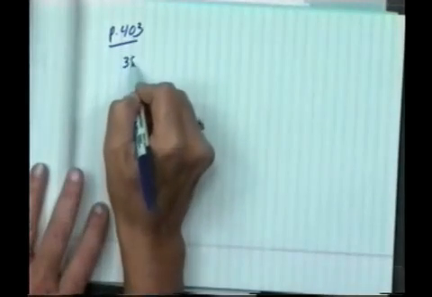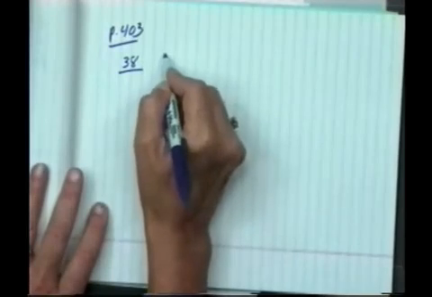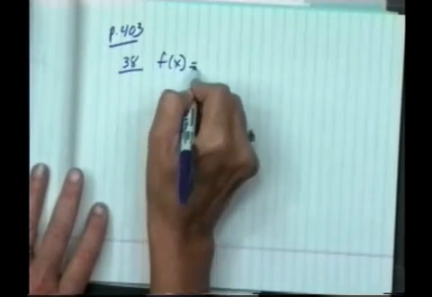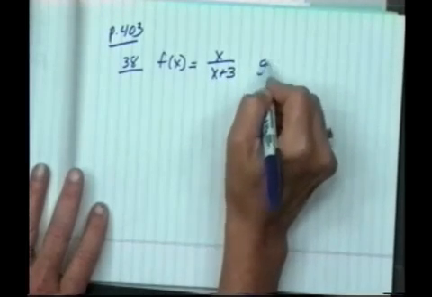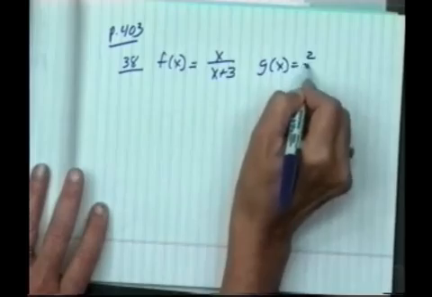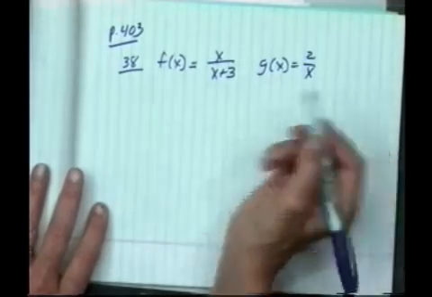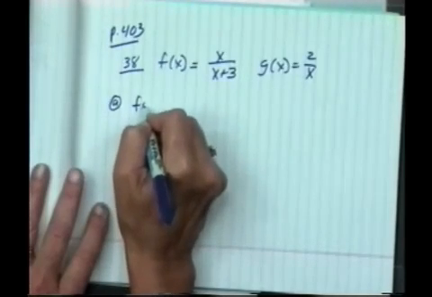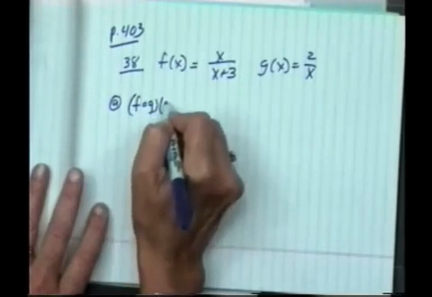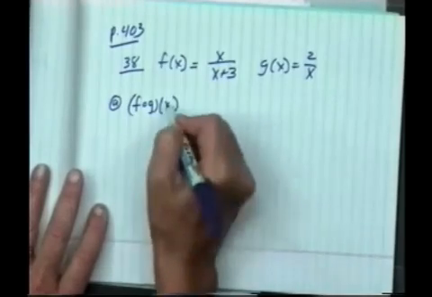That looks fun. 38: f of x is equal to x over x plus 3, and g of x is equal to 2 over x. The first thing you're going to do is find the composition of f and g at x.